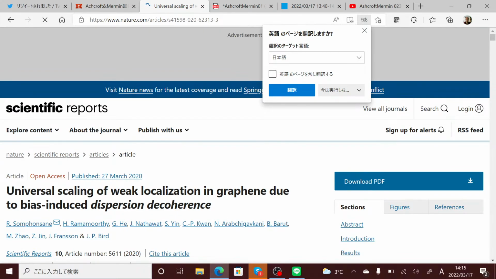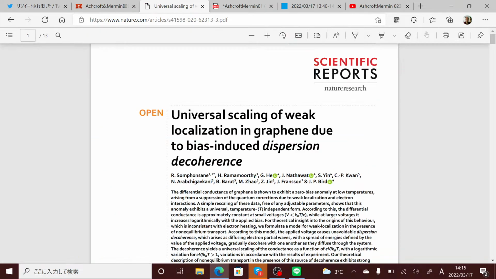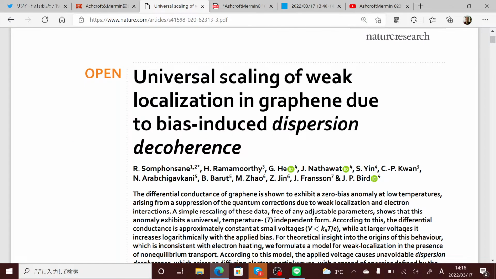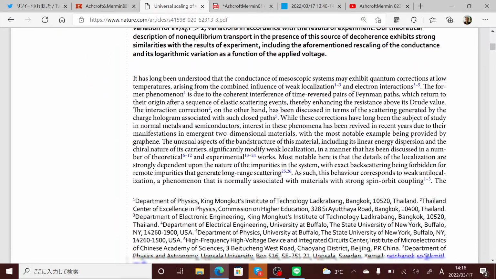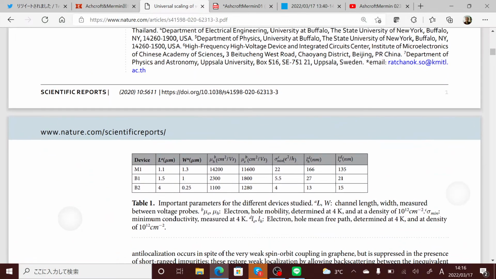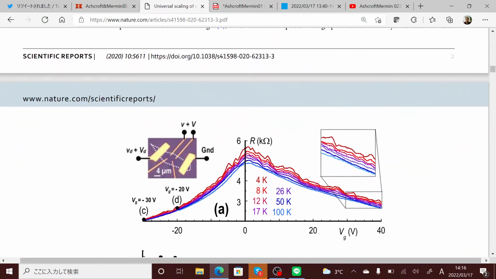Who is this? When was this published? 2020. What is a universal scaling?